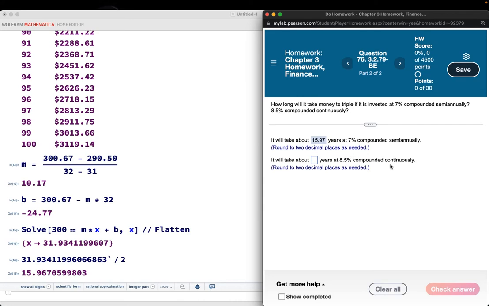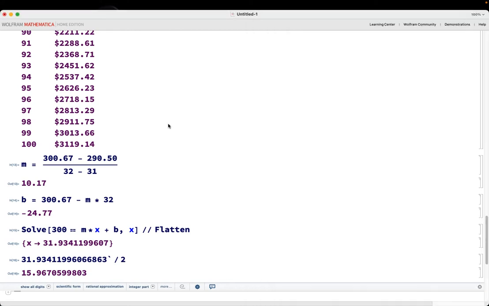Okay, so the word continuous, we're not dealing with discrete periods of time. That word that I'm using, guys, is discrete.